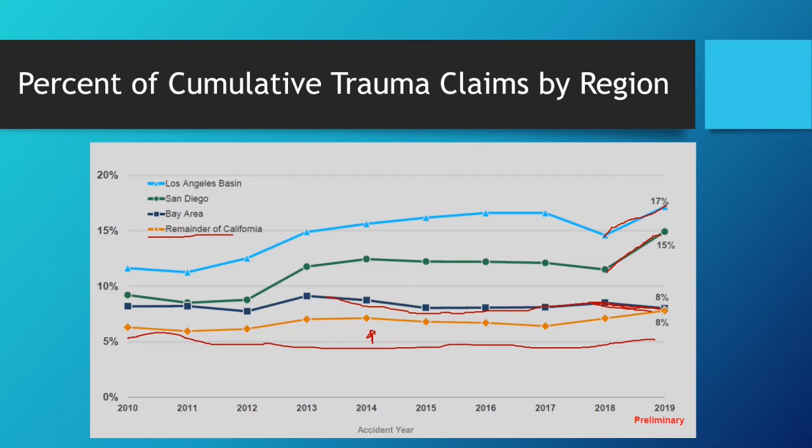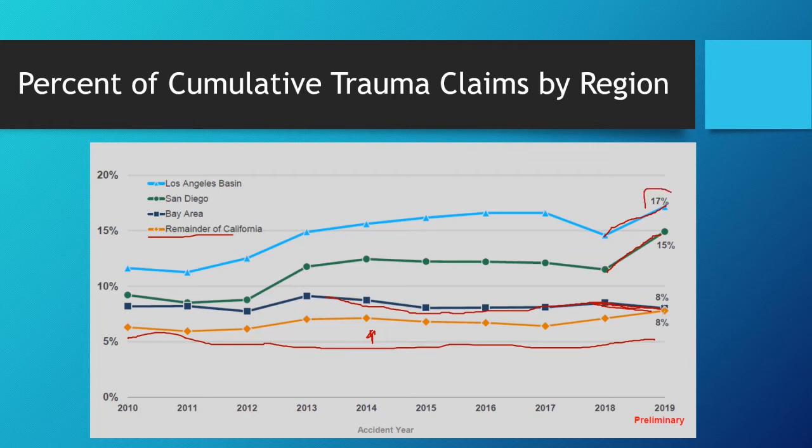So what's fascinating about it is that in other counties statewide, the rate of filing of cumulative trauma injury claims is either level or is actually diminishing, such as here in the Bay Area. But these geographic regions within the state of California are showing a rapid increase in the filing of cumulative trauma injury claims. Now this increase here from say 11.5% to 15%, and here from 15% to 17% of all claims involving an allegation of cumulative trauma.